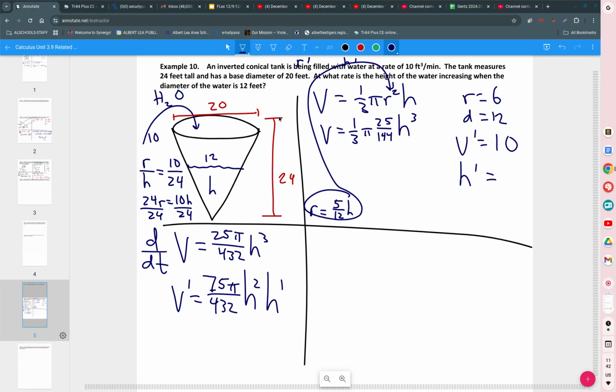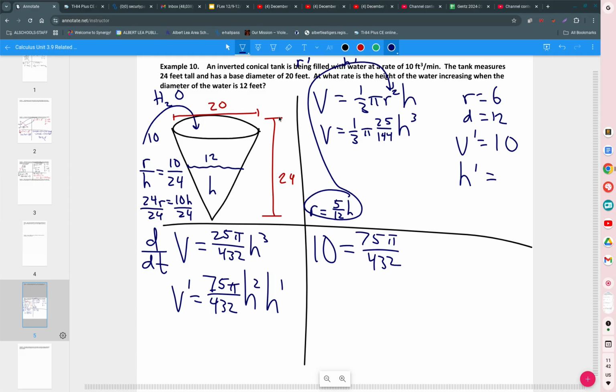So in this problem, I know that V prime is 10. I have 75 pi over 432 H squared. Shoot, I don't know the height. I know the relationship.